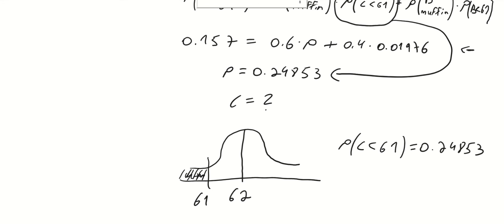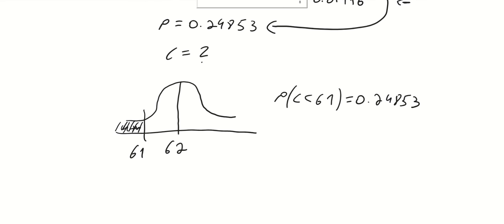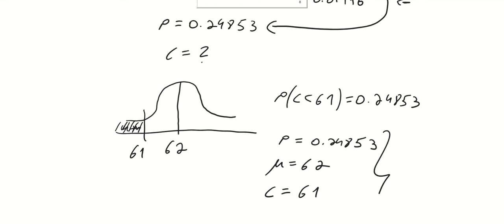So we give the probability, we give mu, we give X, and we use the calculator to get sigma.